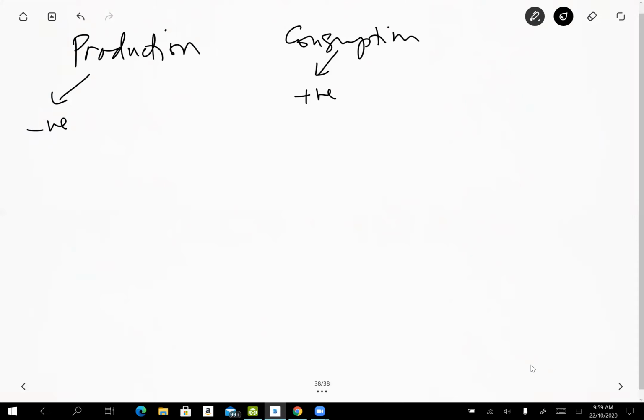Now, the other type is, again, production externality, and we have positive production externality. And then for consumption, you have negative. So the book covers only these two, the negative production and the positive consumption.